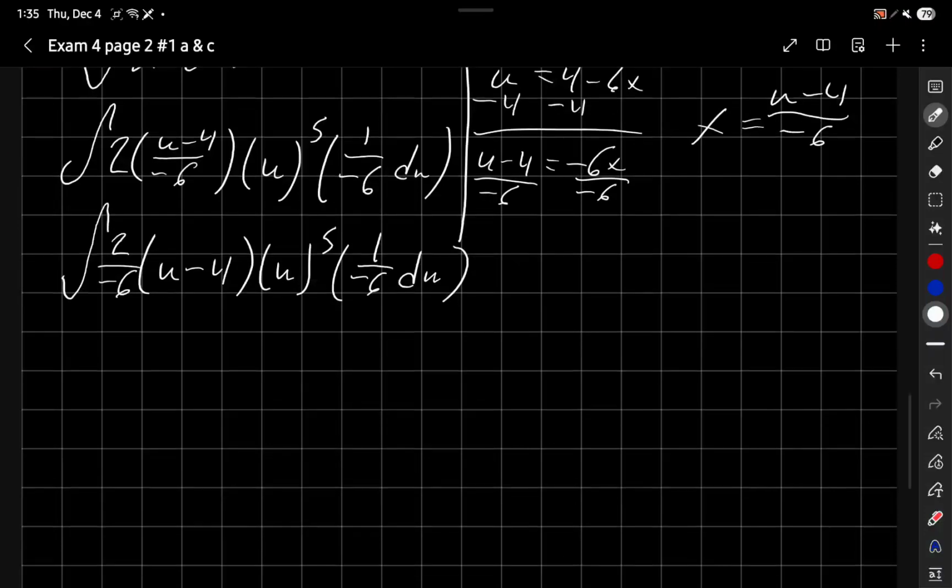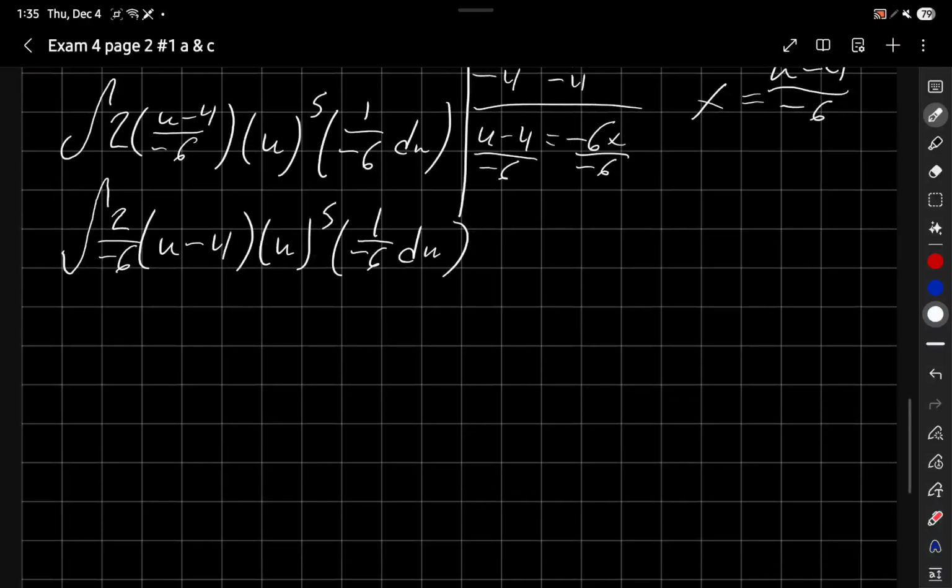Now we can start multiplying anything that is similar. So like this and this we can multiply together, which will give us the integral of 2 over 36 times u minus 4 times u to the 5th du.